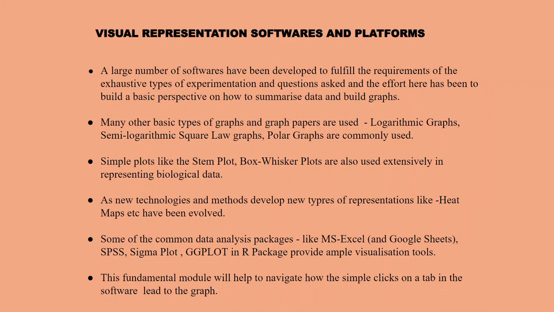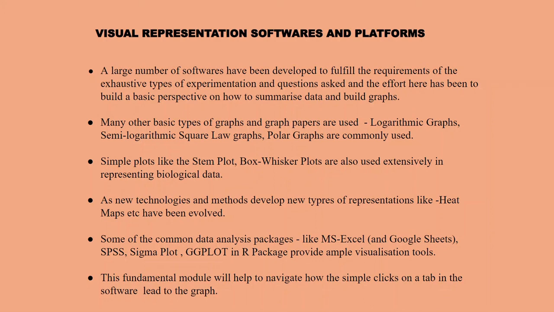Many other basic types of graphs and graph papers are used besides the simple graph that we discussed. For example, logarithmic graphs, semi-logarithmic graphs, square law graphs, and polar graphs are commonly used for biological data analysis. Simple plots like the stem plot and box and whisker plots are also used in biological data representation.